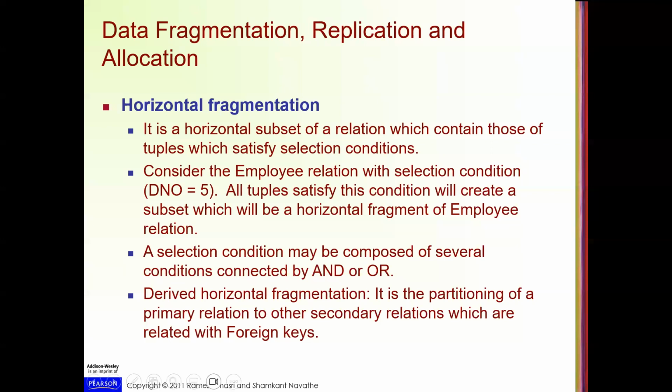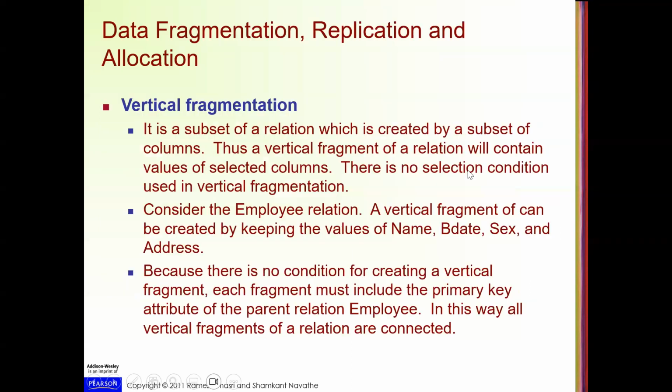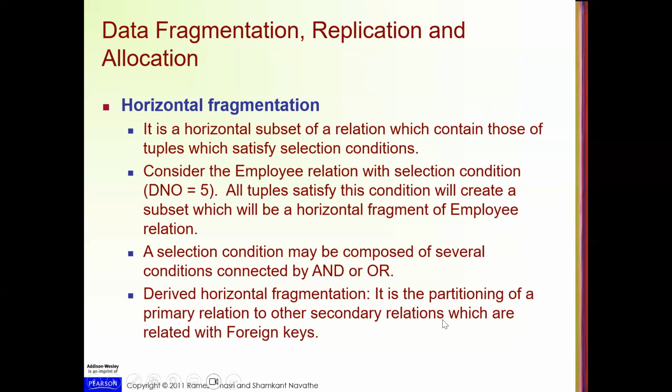This is an example of a simple horizontal fragmentation. Now, derived fragmentation means that the partitioning of the primary relation into smaller secondary relations, which are again connected by the foreign keys, is called a derived horizontal fragmentation.